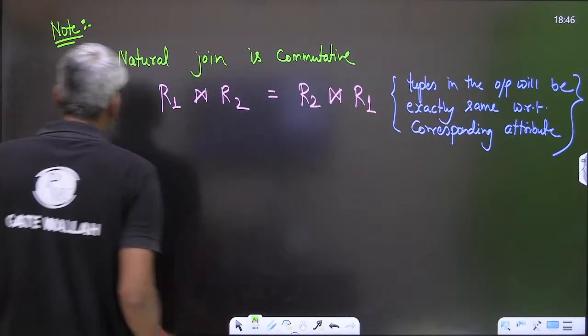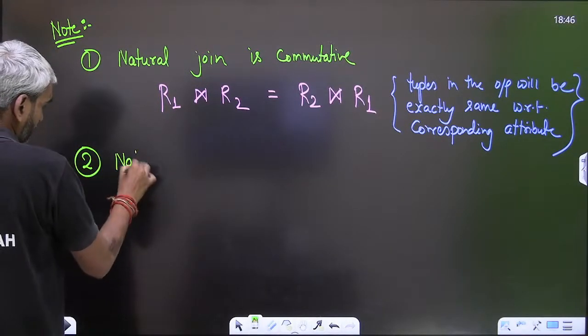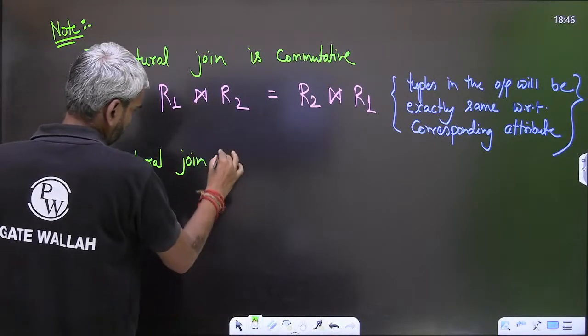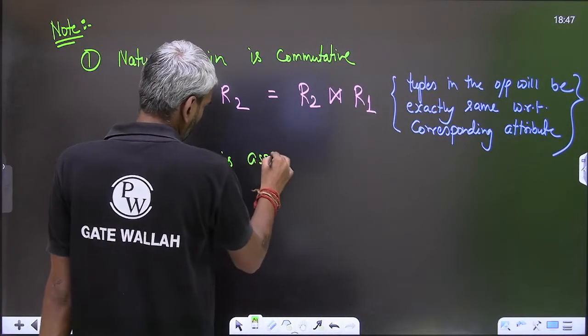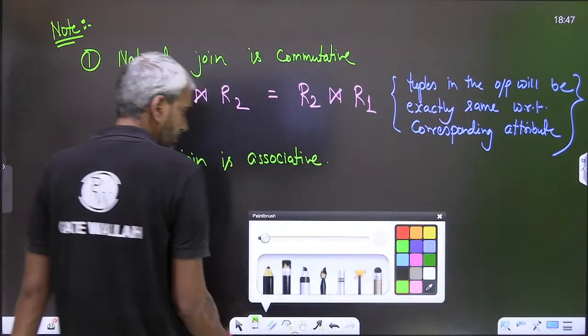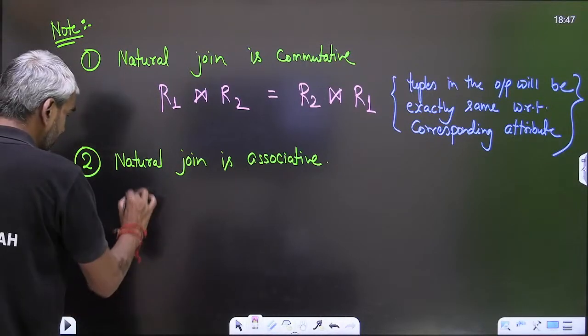Second property is natural join is associative. You don't need to go into the detail, but just remember natural join is associative. What does it mean?